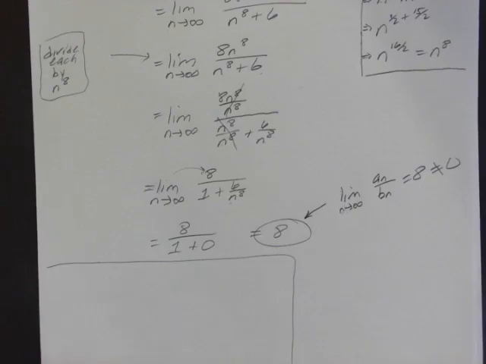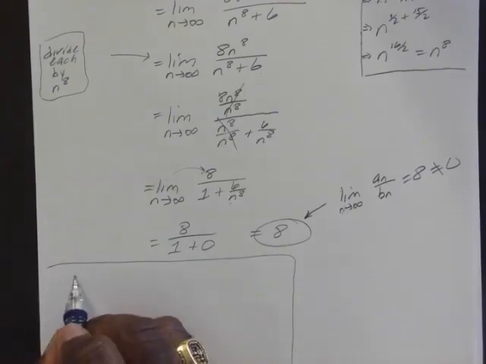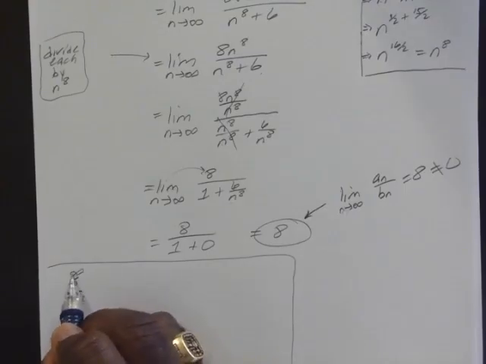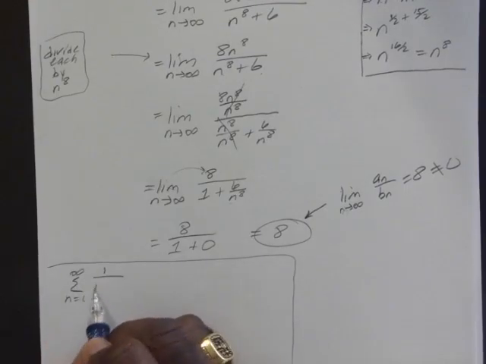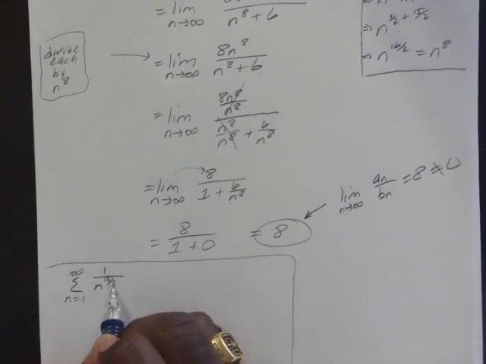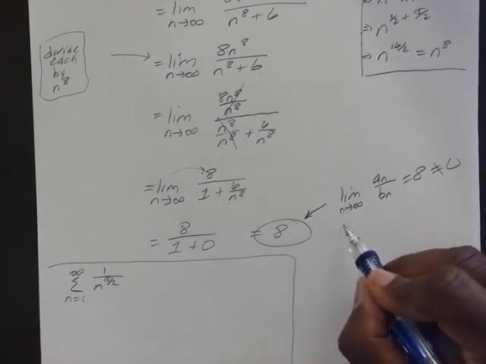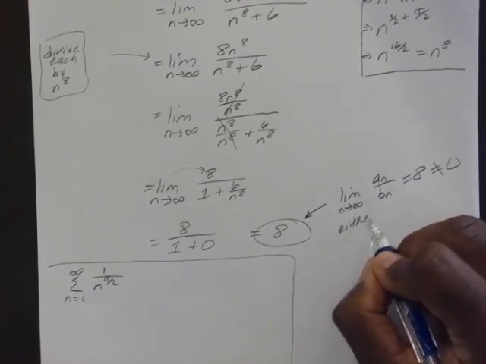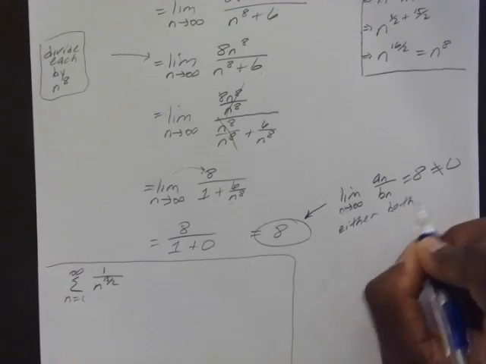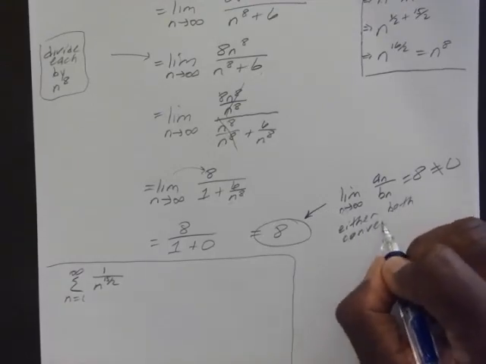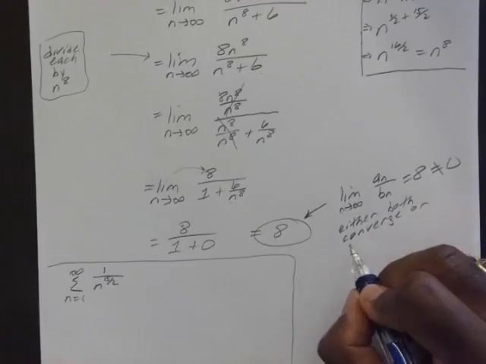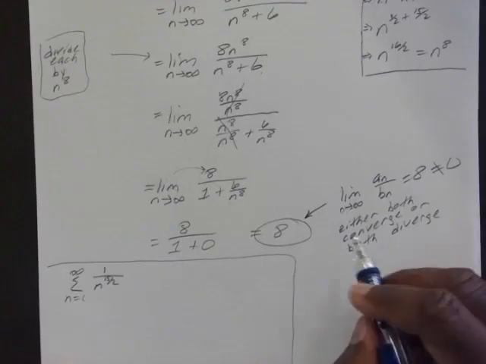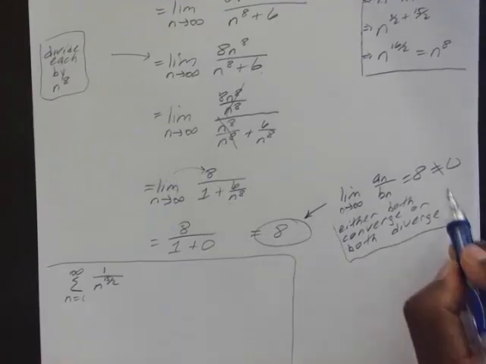The easiest one out of the two would be the sum from n equals 1 to infinity of 1 over n to the 15 divided by 2 power. Okay, so all this tells us is that either both converge or both diverge, just by taking the limit of their quotient.